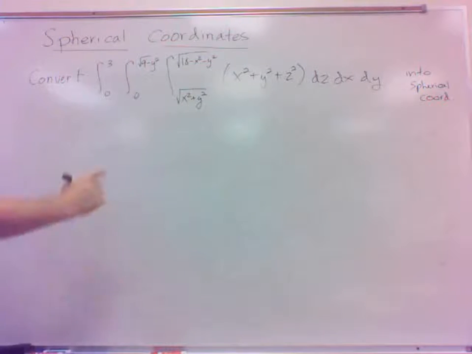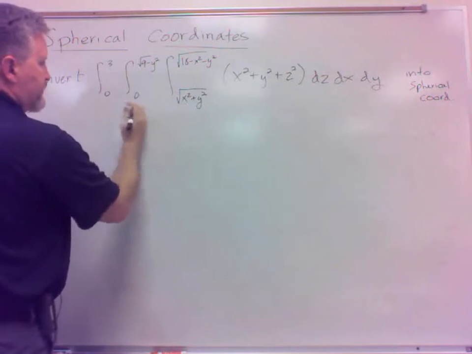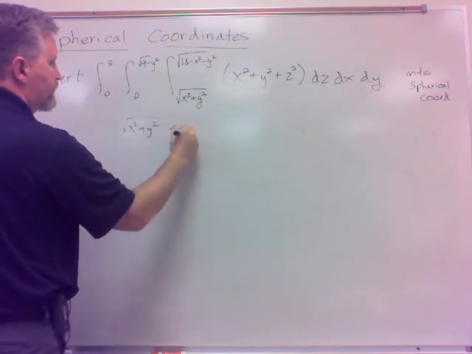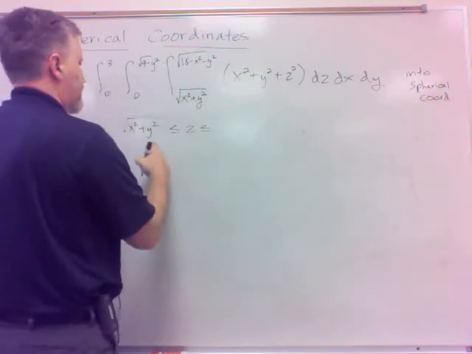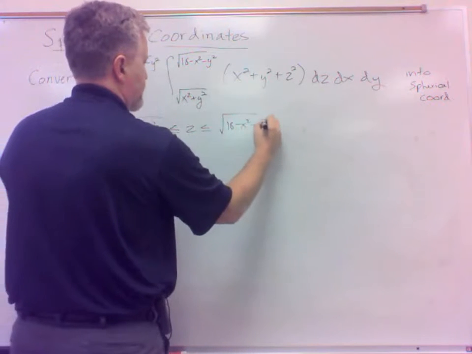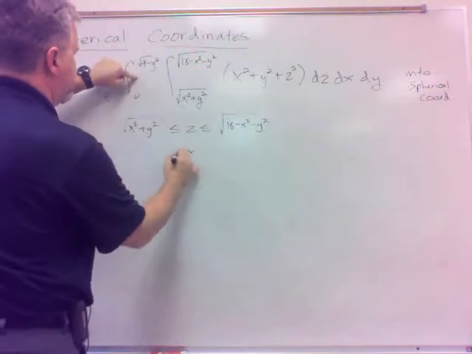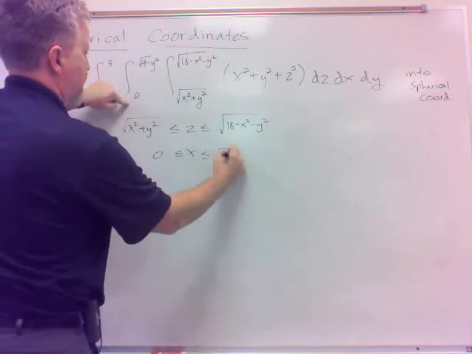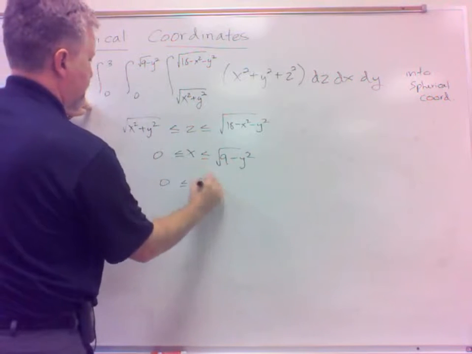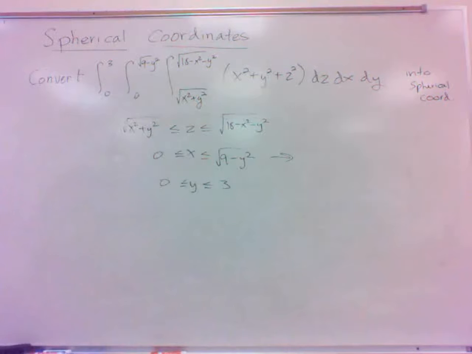Okay, so what we've got, of course, z here is between these two: the square root of x squared plus y squared to the square root of 18 minus x squared minus y squared. The next is x, so x is between 0 and the square root of 9 minus y squared. And then y, of course, 0 to 3. So let's look at these two first.